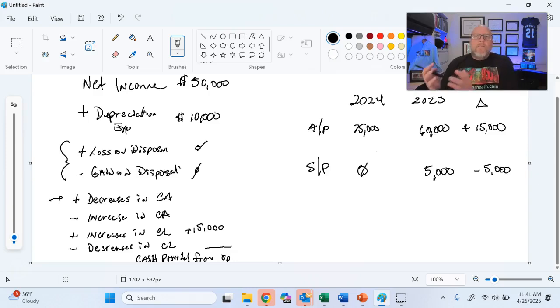Well, if my salaries payable went down, it must be that I used cash to pay my employees, right? So a 5,000 decrease in salaries payable is going to be like a use of cash. All right. That's the formula.